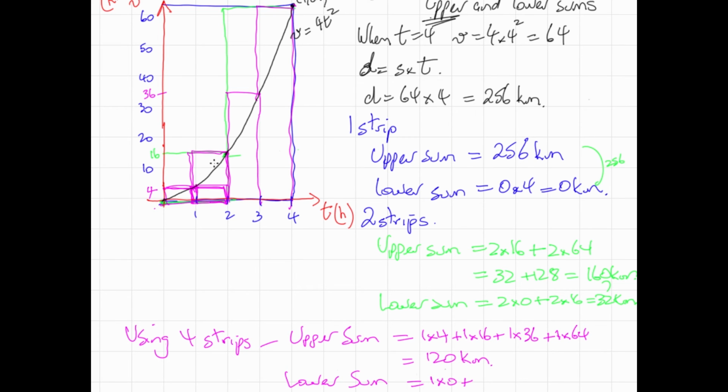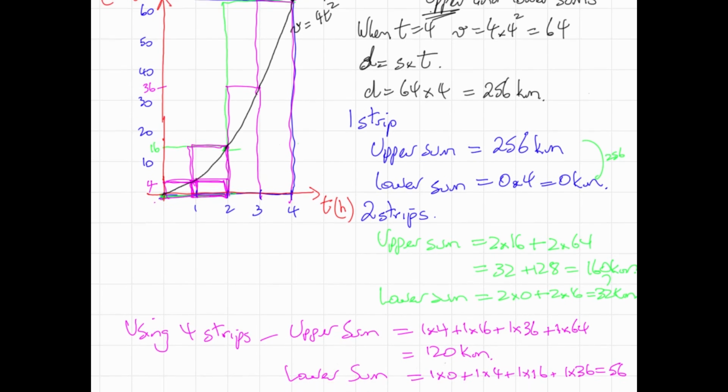Obviously, the distance travelled is somewhere in between though, so it'll be 1 times 4 plus 1 times 16 plus 1 times 36, and for that we get 56. And once again, the difference between those two has come down.